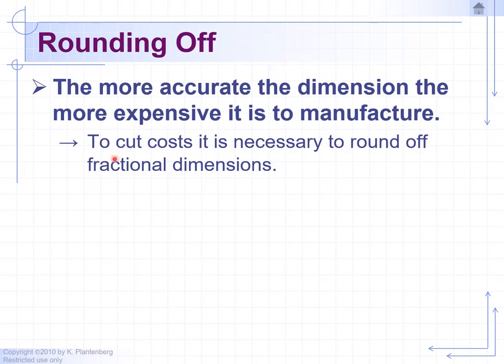So it'll drive the cost up. The more decimal places, the more expensive. To cut costs, it is necessary to round off fractional dimensions. And once again, the fewer decimal places, the cheaper the part will be. Only use more decimal places when needed.